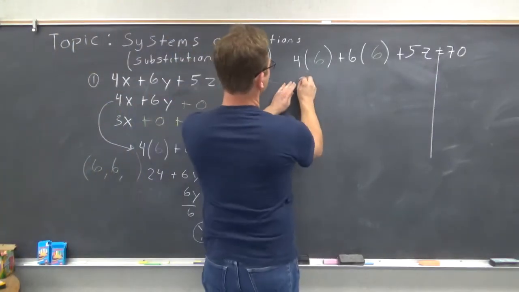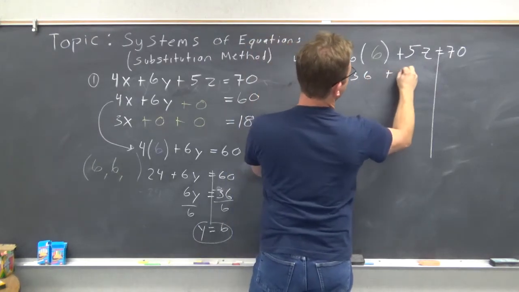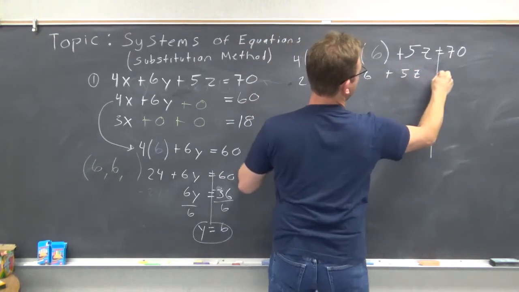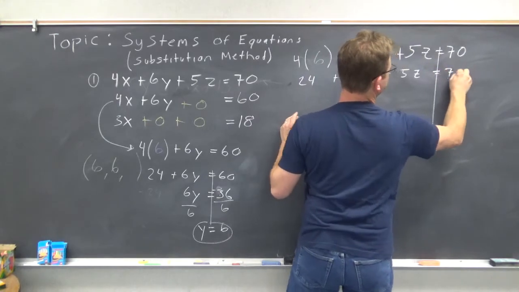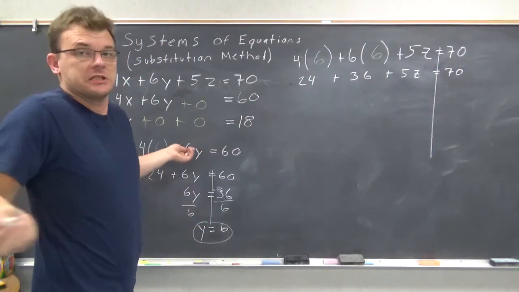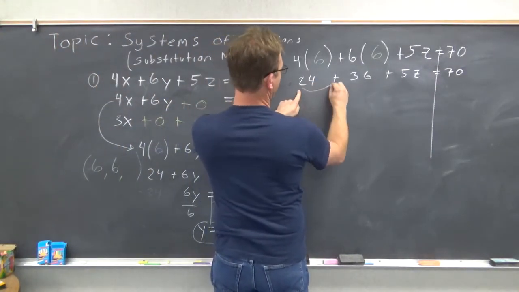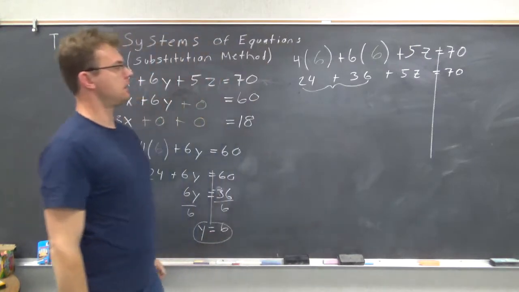And now go ahead and just solve for z. So we have what? 24 plus 36 plus 5z equals 70. Just add the numbers, right? So 24 and 36. What is that?